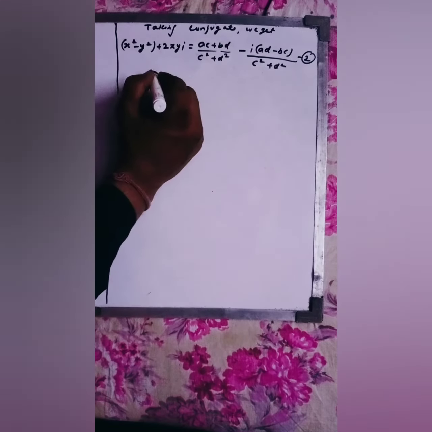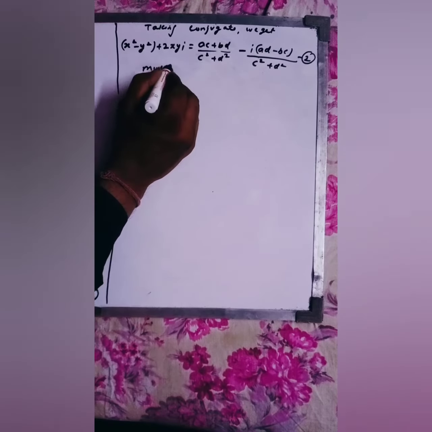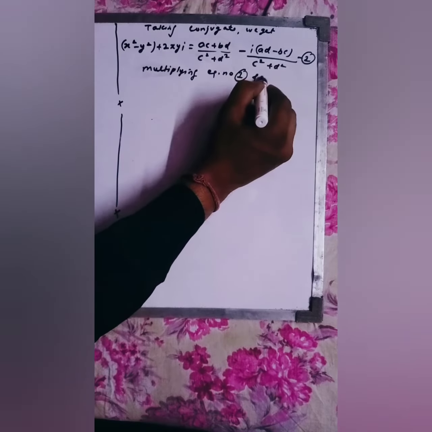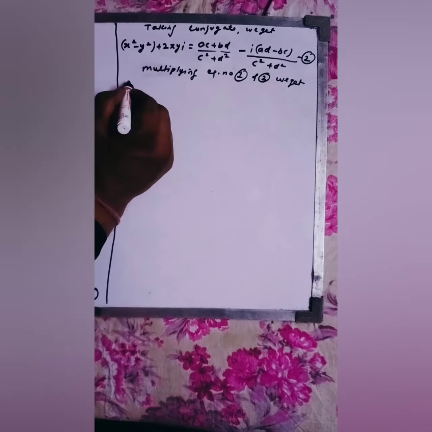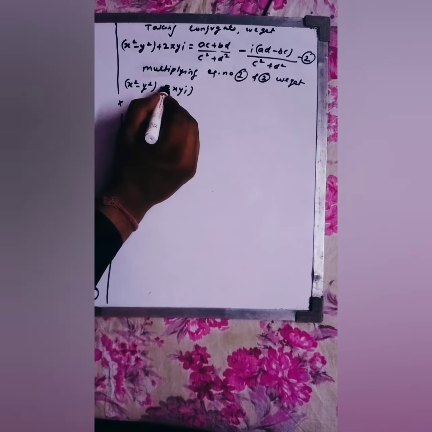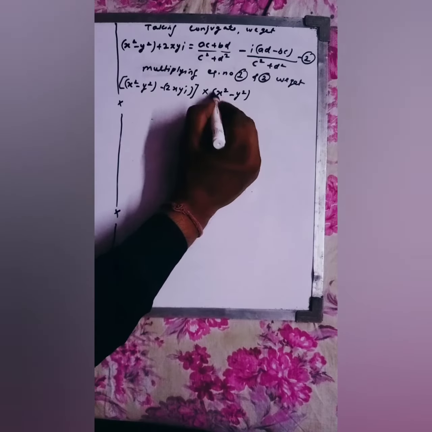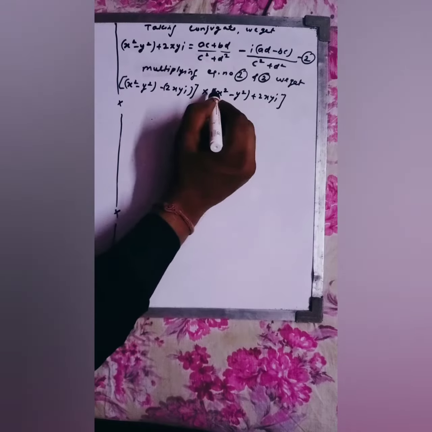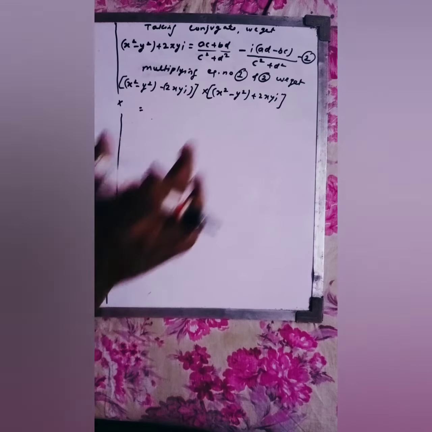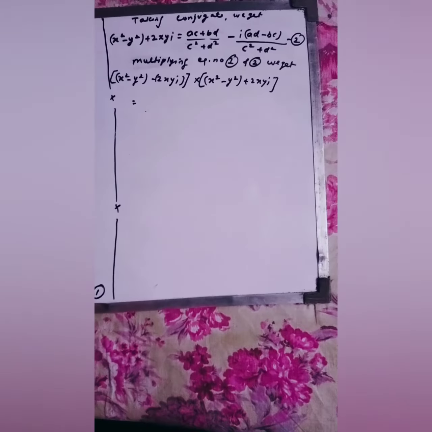Okay, so now what you have to do, you have to write multiplying equation number 1 and 2, we get, so what you will write, x square minus y square minus 2xy iota, this is your first equation, into this one, x square minus y square plus 2xy iota, equals to, when you multiply this term with this term, so this is your a plus b and a minus b, fine.